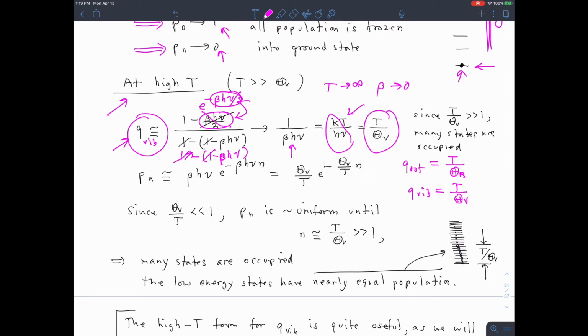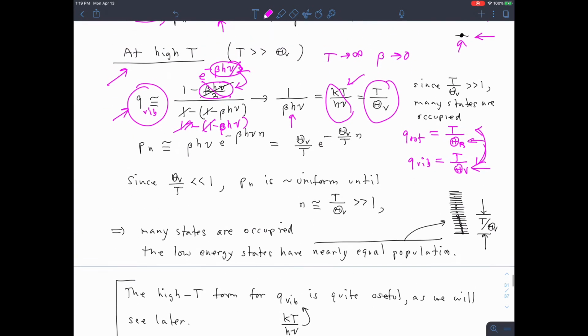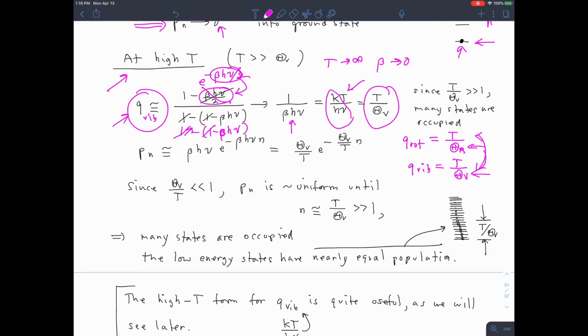So in the high temperature limit, these two guys are the same, except they have different characteristic temperatures. Rotational temperature for rotations, vibrational temperature for vibrations. All right, that's only good in the high temperature limit, and we can still get Q vibe if we like, even when we're well below the vibrational temperature.